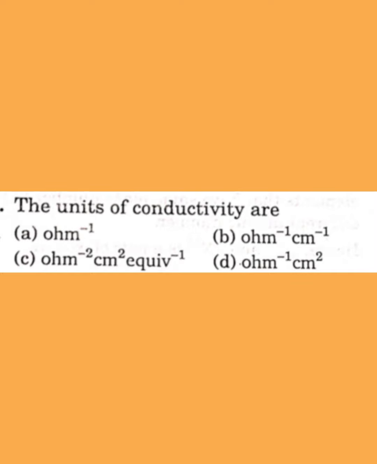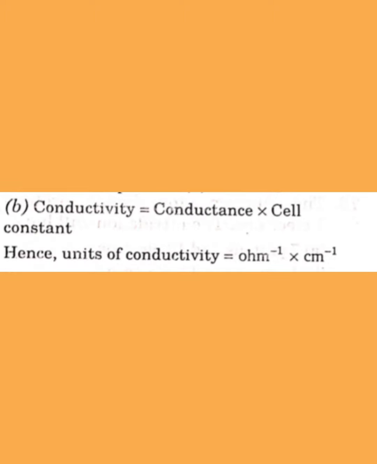Option D, ohm raised to minus 1, cm raised to 2. The correct answer is option B, ohm raised to minus 1, cm raised to minus 1. Conductivity is equal to conductance into cell constant.